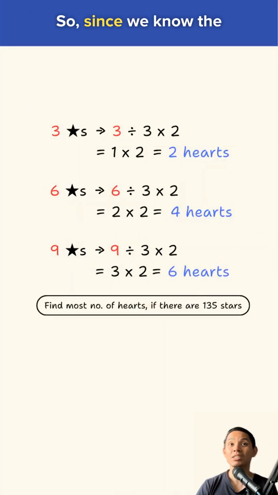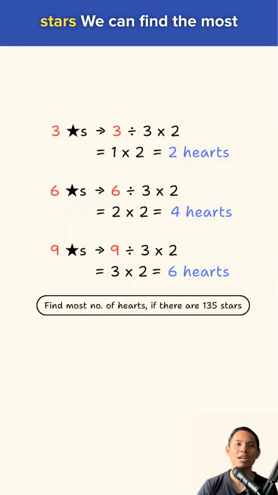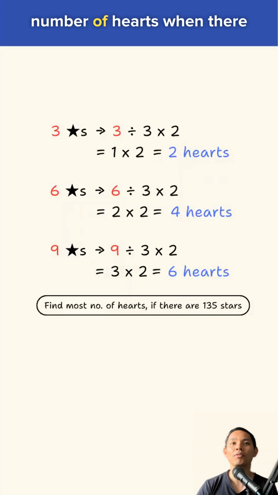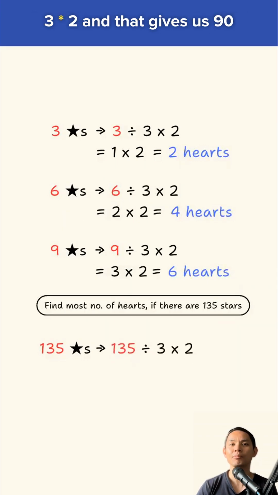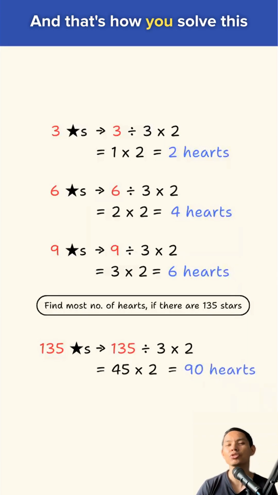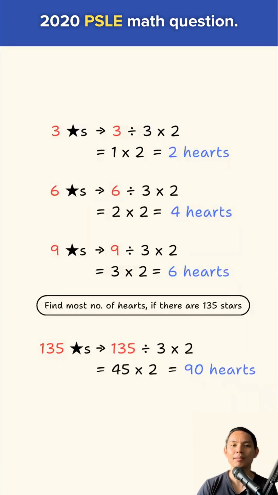Since we know the equation to find the number of hearts from the number of stars, we can find the most number of hearts when there are 135 stars. So 135 stars is 135 divided by 3 times 2, and that gives us 90 hearts. And that's how you solve this 2020 PSLE math question.